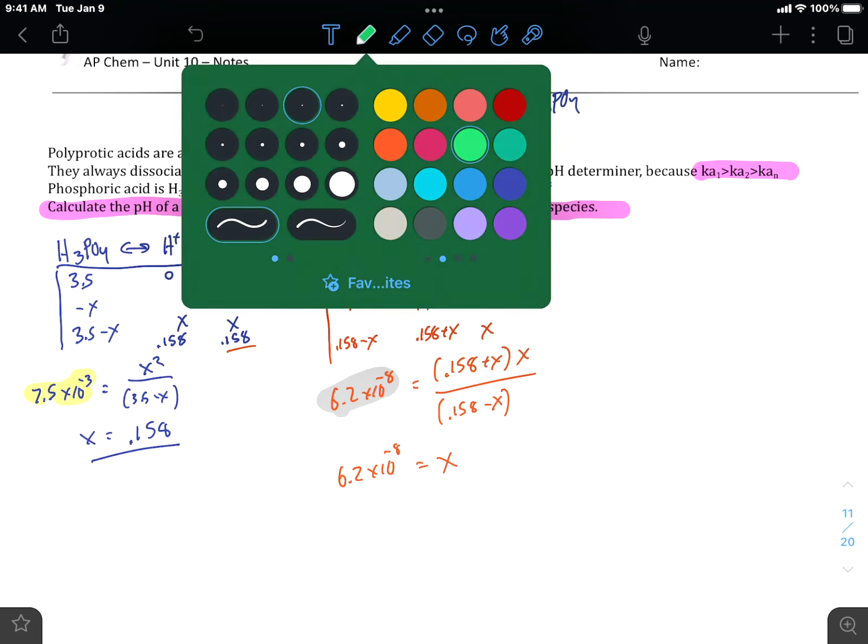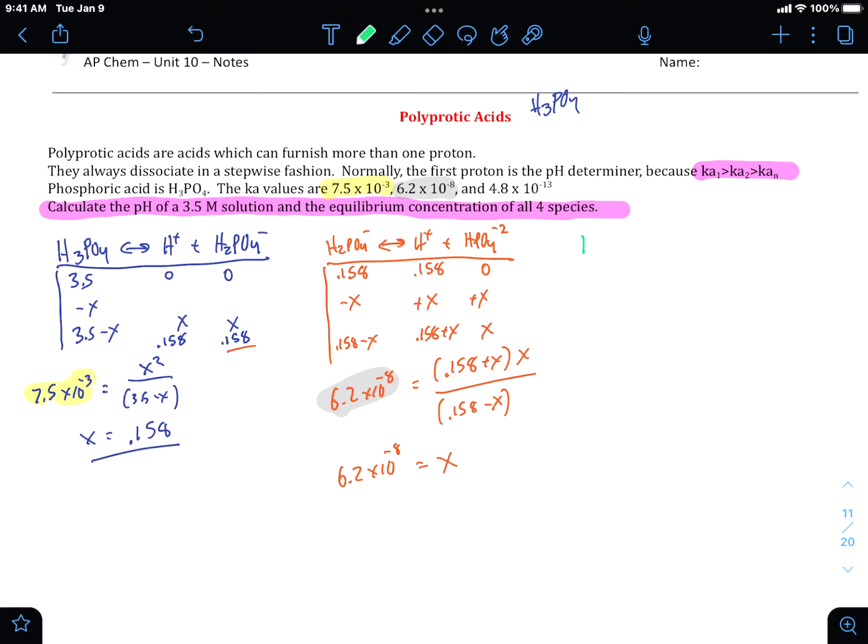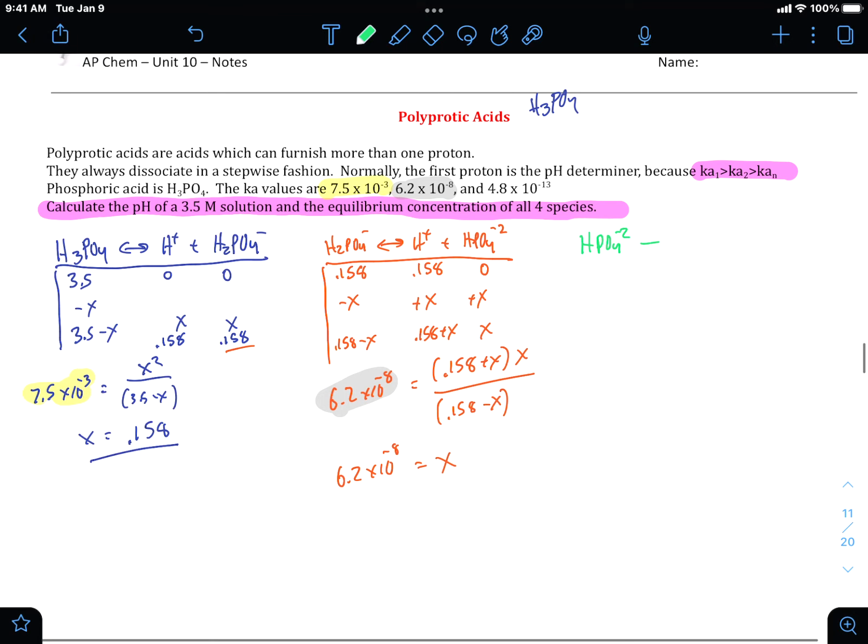Let's do the third equilibrium. HPO4 minus 2. The third and final proton comes off. The x value is the initial concentration of HPO4 minus 2.